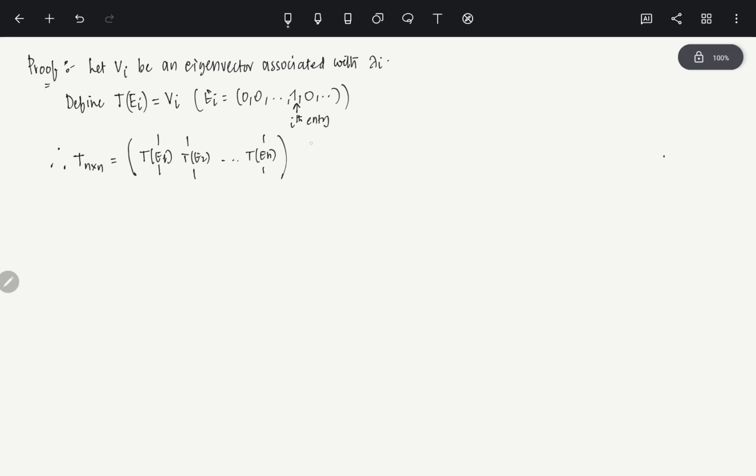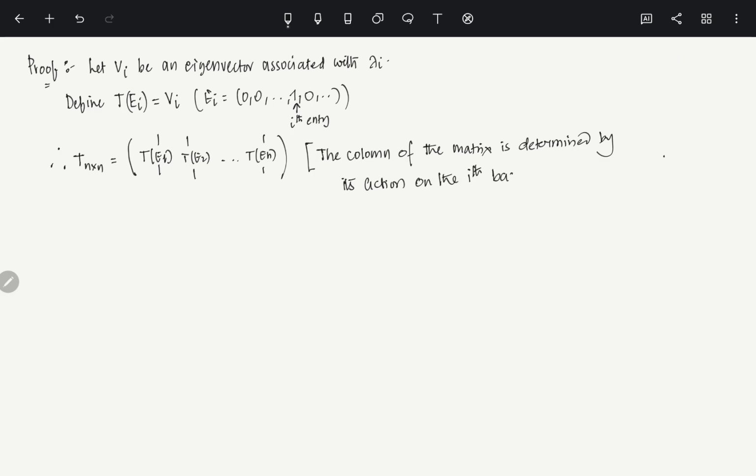Basically the columns of the matrix are determined by its action on the ith basis vector.